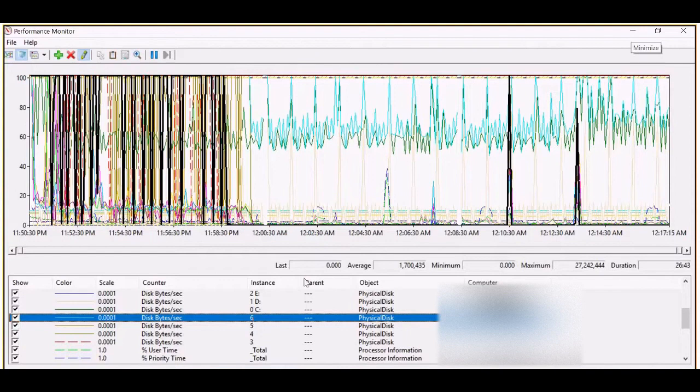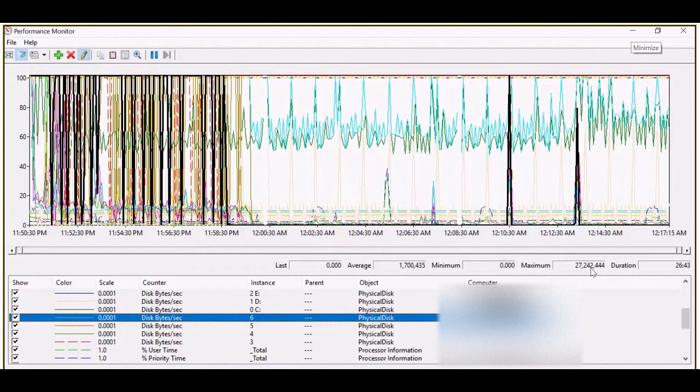My maximum value over here for bytes per second was 27 meg. That's not a lot of data, right? For a SAN, we expect disks to easily handle 150 or more megabytes per second with no latency.